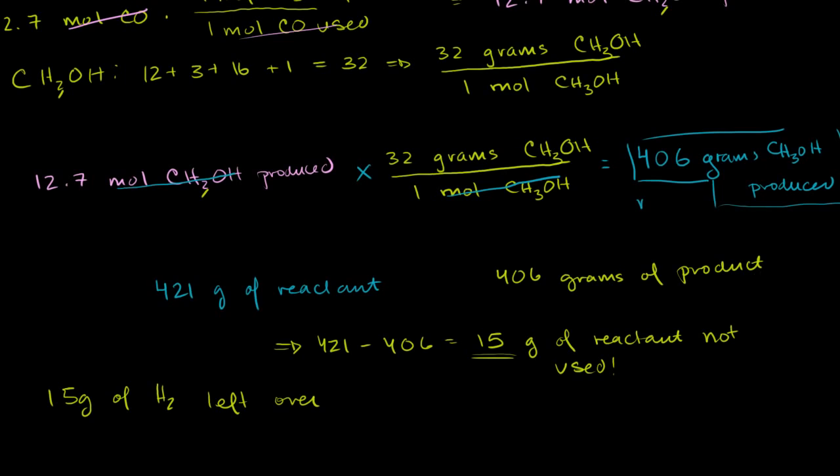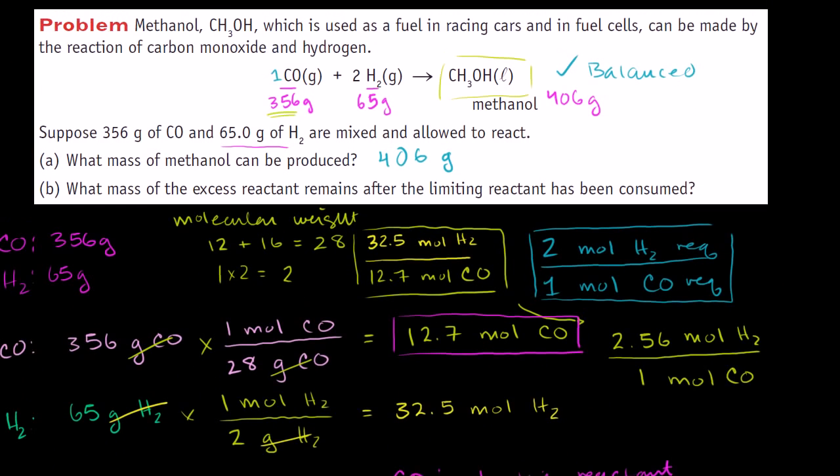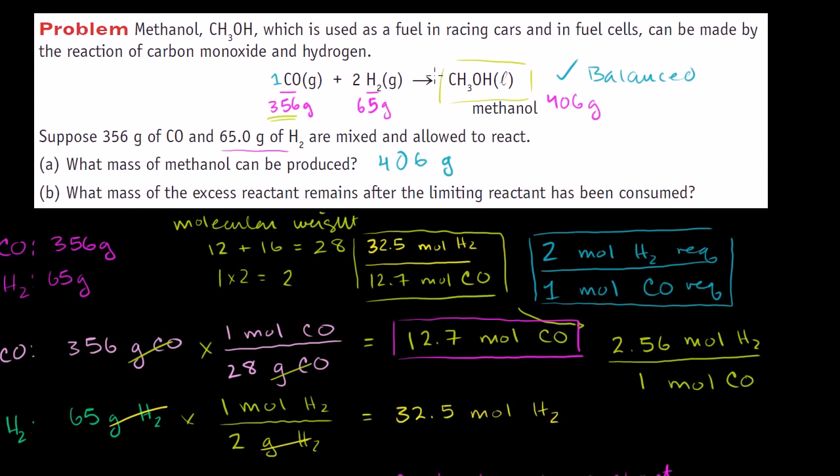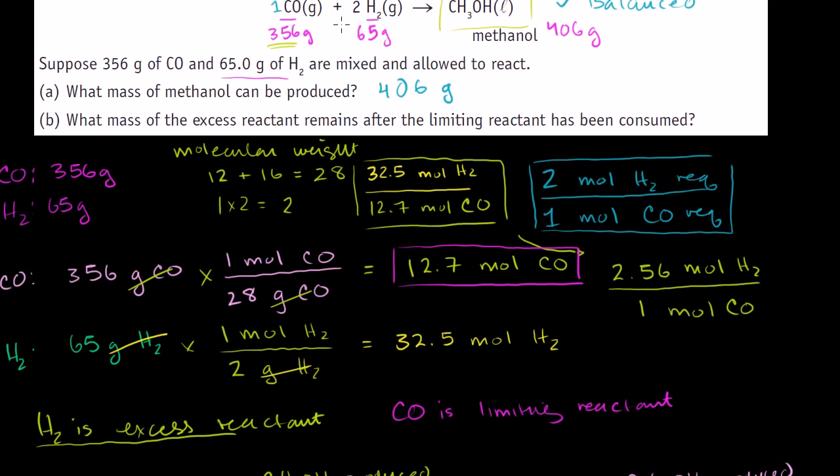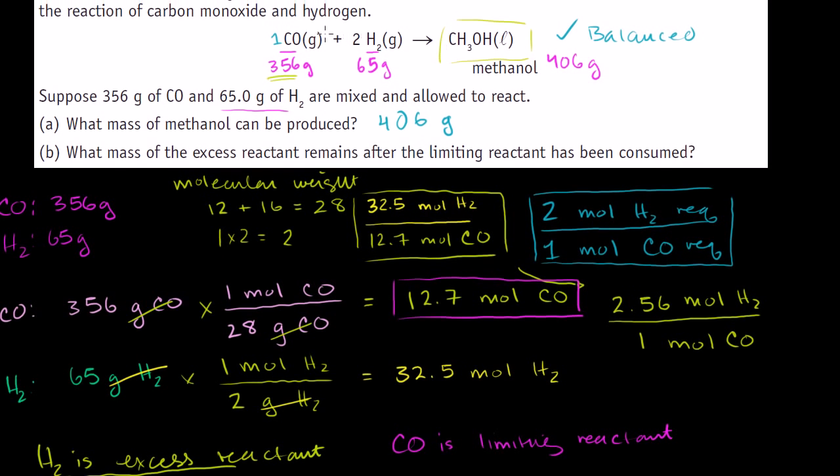Now, the other way you could have done this exact same problem is you could have said, look, we're starting with 12.7 moles of carbon monoxide. That's the limiting reactant. It's a 2-to-1 ratio. You need 2 moles of hydrogen for every mole of carbon monoxide.